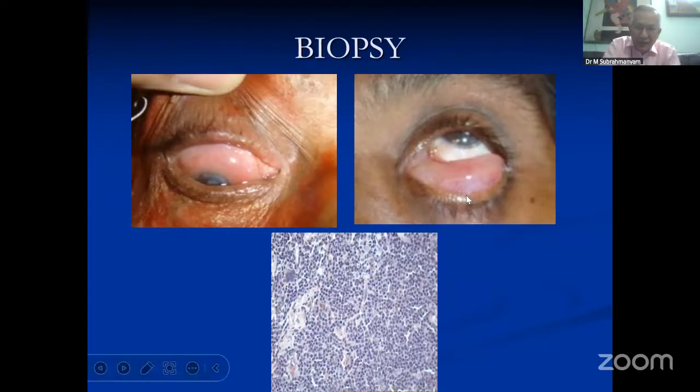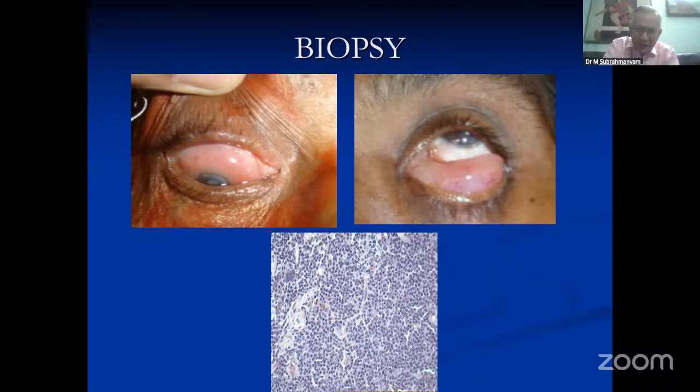As I said in the previous cases, this is the typical pinkish mass that's called the Salmon's patch, which could be coming from the fornix towards the limbus, or which may be starting at the limbus and going towards the fornix. This is typical of lymphoma. The diagnosis is almost written on it.